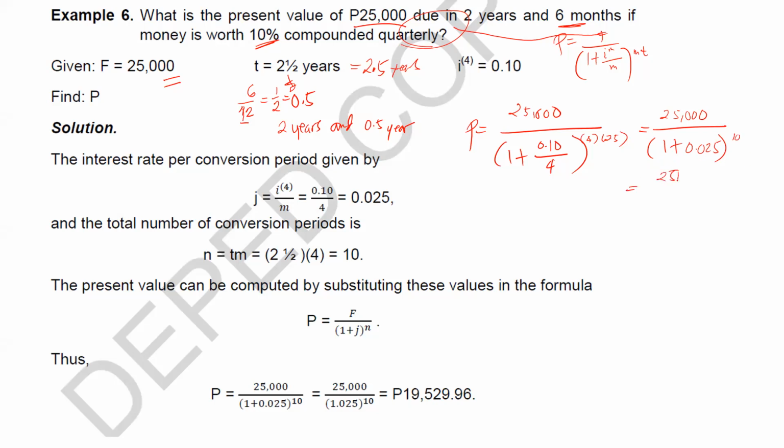So 25,000 divided by the parenthesis, 1.025 raised to 10. Compute 1.025 raised to 10, then divide 25,000 by the answer. Give me the final answer.